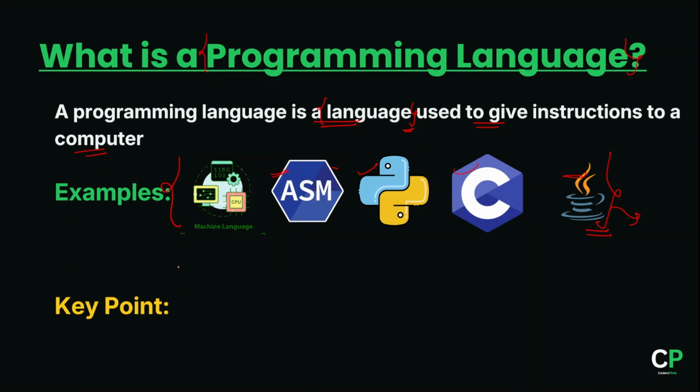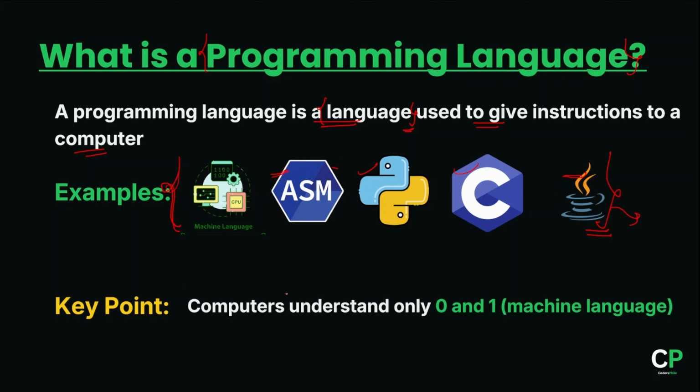Now, there are different types of programming languages, but there is one key point to note. Computer can only understand zeros and ones. That is, computer can only understand the machine language. This is the computer and this is our set of instructions written in some language, but our computer can only understand the machine language.